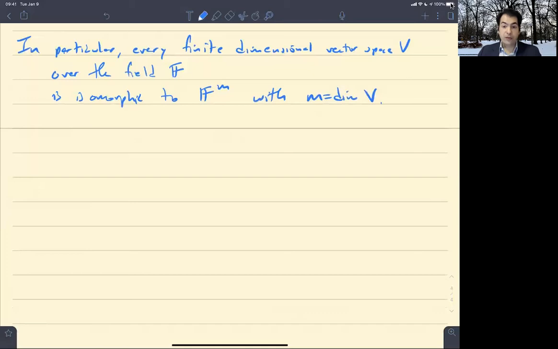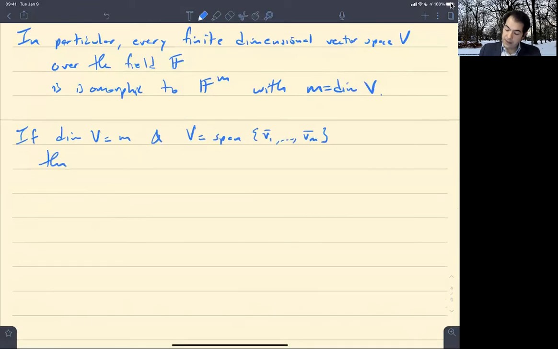Here is another consequence of the lemma from last time. If the dimension of a vector space is m, and V is equal to the span of m vectors, v1 through vm, then actually those vectors, put them into a list, and then you get a basis. Now remember that for bases, we want to think about ordered sets. So we call them lists.